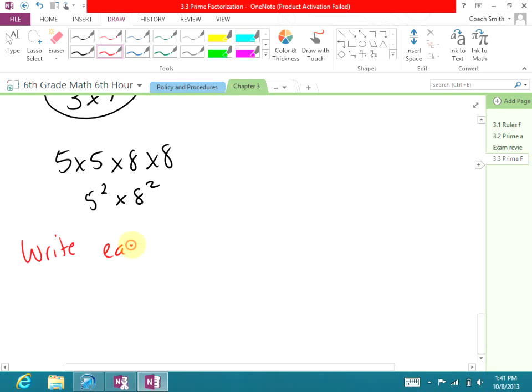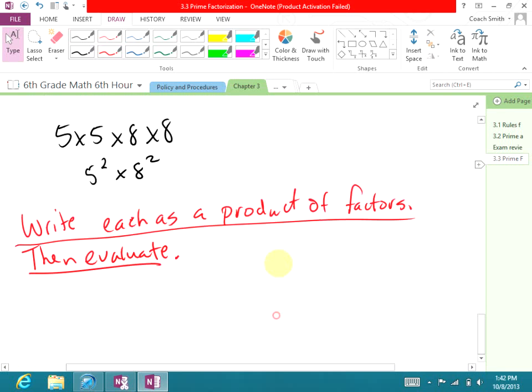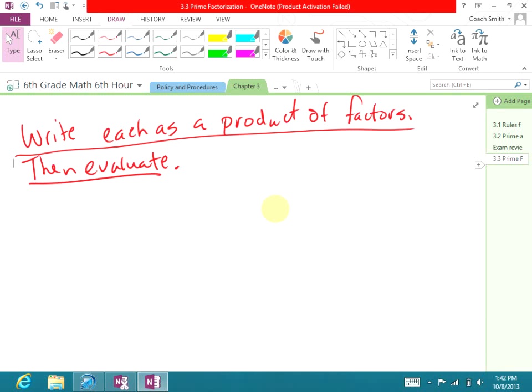Now, next set of instructions. Write each as a product of factors, then evaluate. So there's 2 steps here. Let me give an example problem.